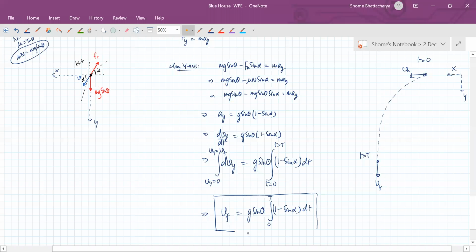Okay. Now you compare this equation with the first one and you will see that we can eliminate this term.